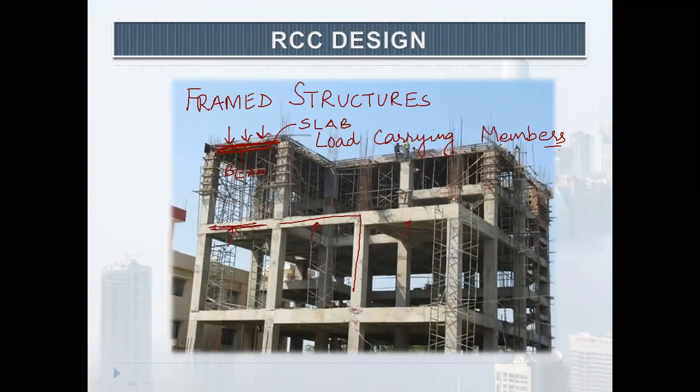From these beams, the load is transferred to these columns. And further from the columns, the load is transferred to the footing in the structure. After that, ultimately, the whole load is transferred to the soil.